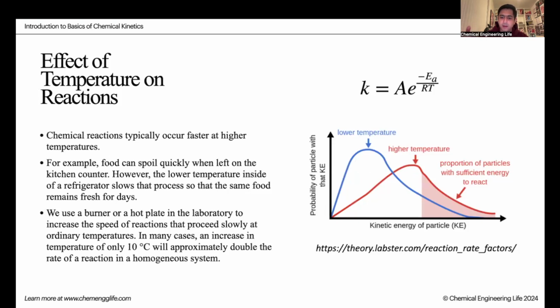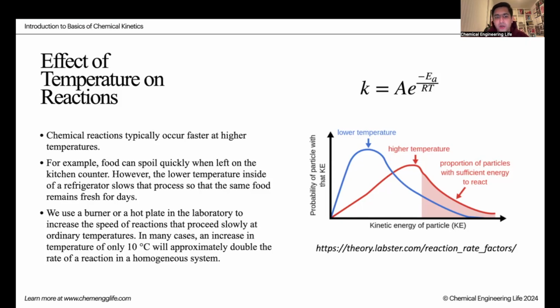If you are heating up that reaction, you would still achieve a quicker reaction rate, but after a certain amount of time, increasing the temperature of that reaction would actually start to favor the reverse. Instead of going from reactant to product, you will start favoring the product towards the reactants.